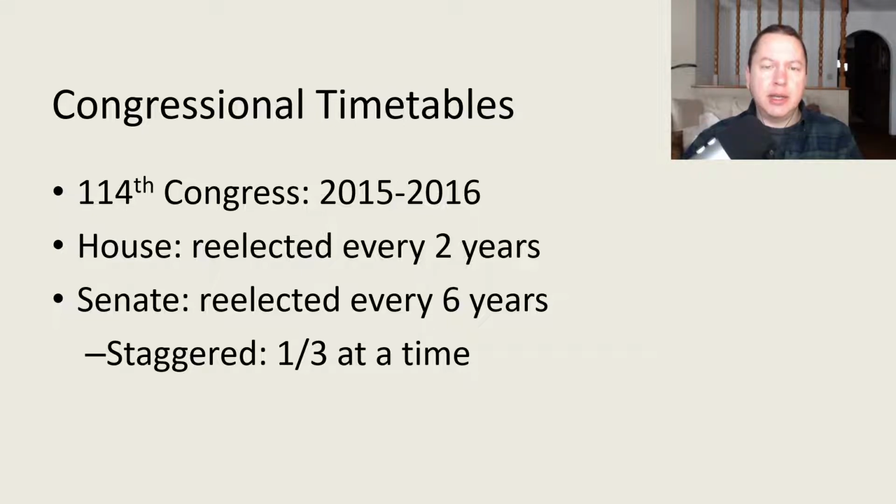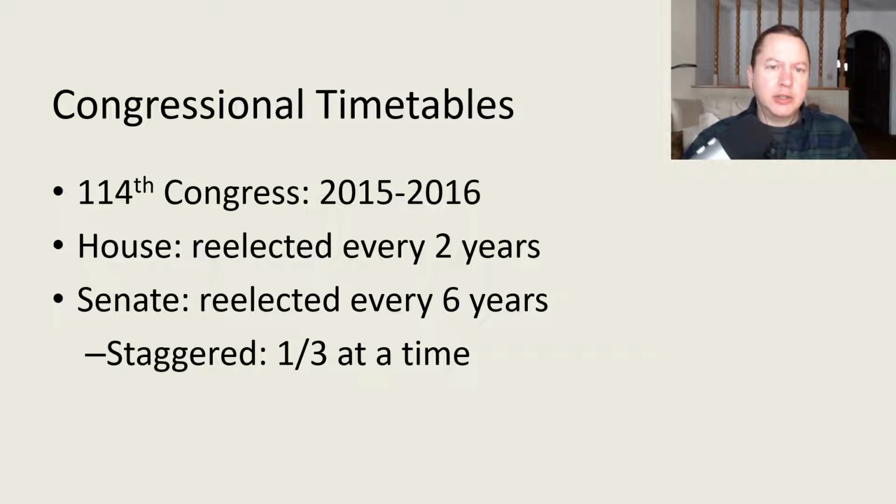The seats in the House are up for election every 2 years. In the Senate, the seats are up for election every 6 years, unless someone gets up and leaves or passes away. Under normal circumstances, the Senate elections are staggered, so that in any even-numbered year, only 1/3 of Senate seats are actually up for re-election.